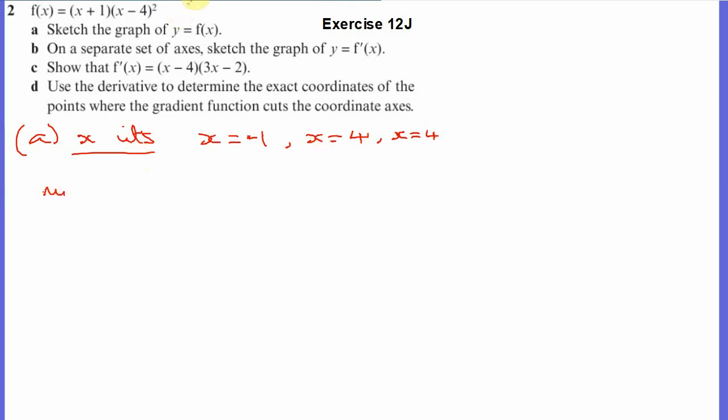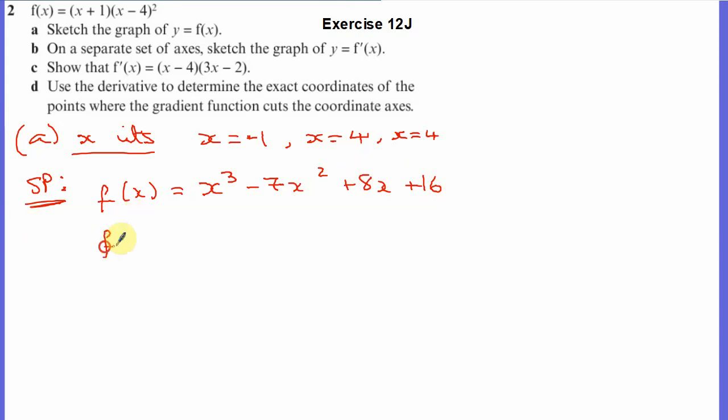So to find our stationary points, I'll put that as SP, stationary points. I'm going to need to expand these brackets and I'm going to need to differentiate. So I'm just going to expand the brackets for us. You can check that you can do this yourself, but this is what you would get if you were to expand these.